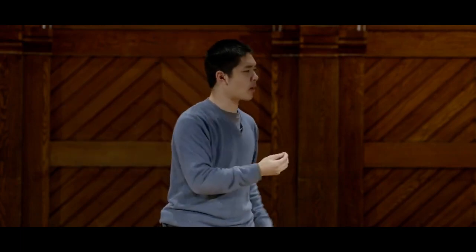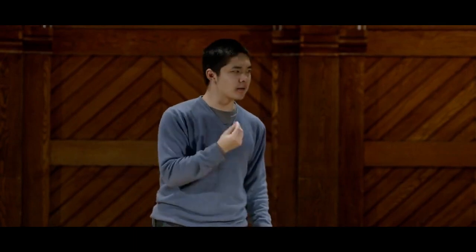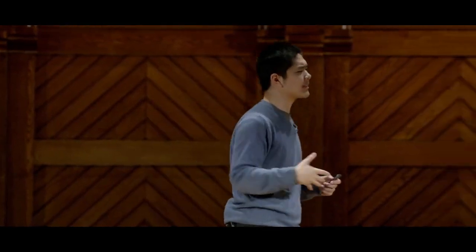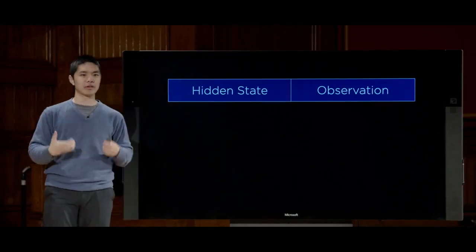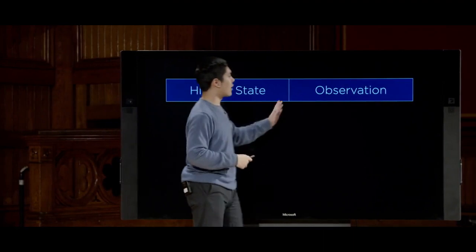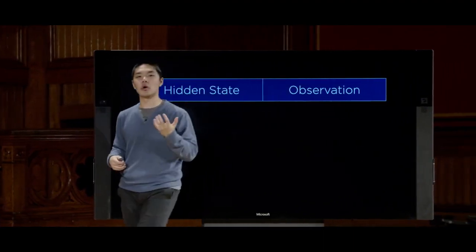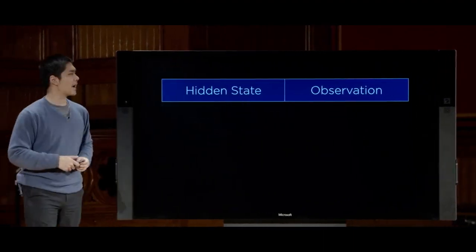It is sensing data, and that data is somehow related to the state of the world, even if our AI doesn't know what the underlying true state of the world actually is. And for that, we need to get into the world of sensor models, a way of describing how we translate what the hidden state, the underlying true state of the world, is with what the observation, what the AI knows or has access to, actually is.